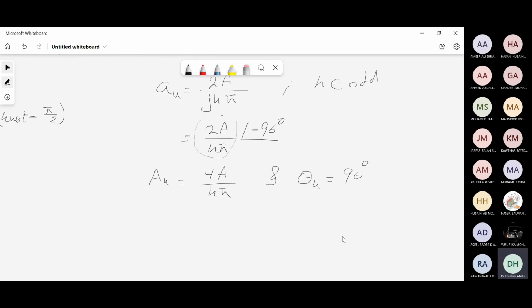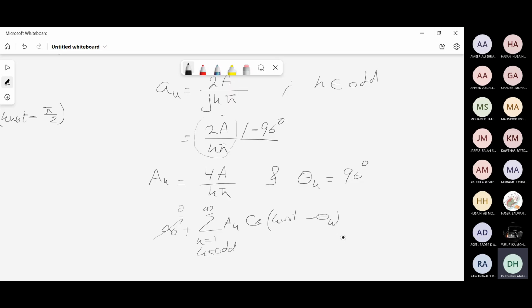Form number 3 says it is A naught plus the summation of A_k cosine of k omega naught t minus theta k, k from 1 to infinity, but it is only the odd part. So A naught is equal to 0.